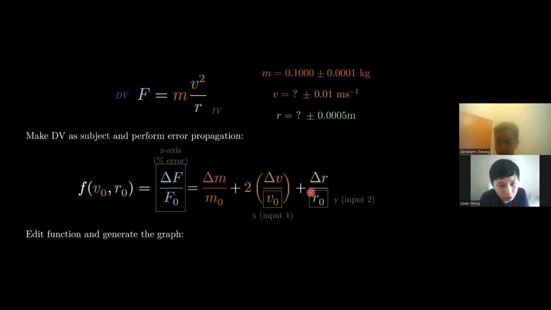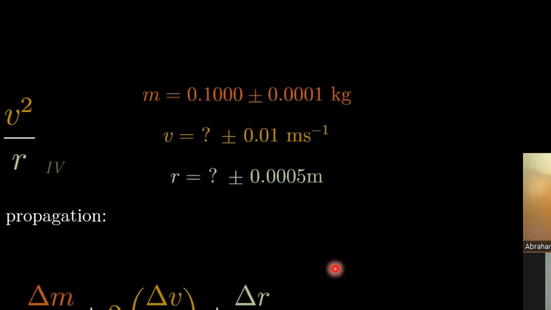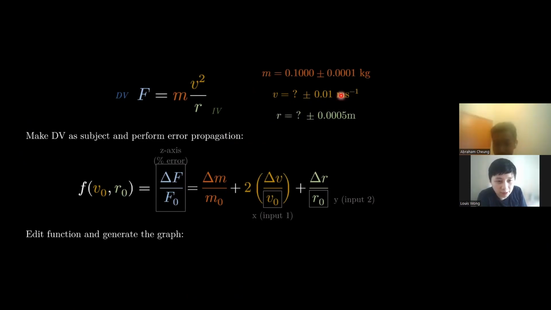On your screen at the top right, 0.01 is the uncertainty for V, and 0.0005 is the absolute uncertainty for R. So you have to know this first. In different IAs it will be different, but this may be due to the measurement tool. For R, maybe the ruler itself, the division itself. So this is something you must know first. Am I right? Yeah.